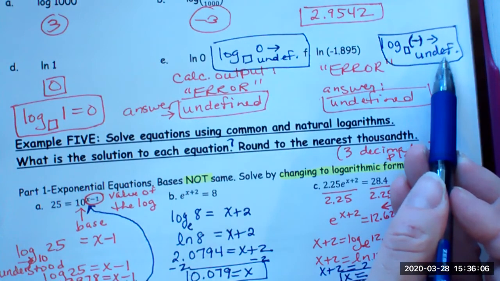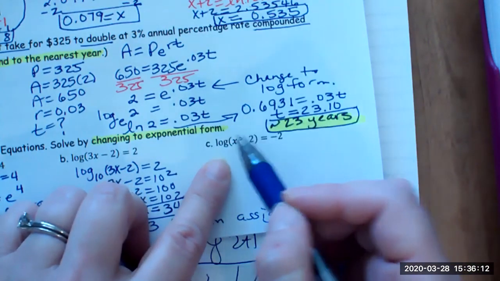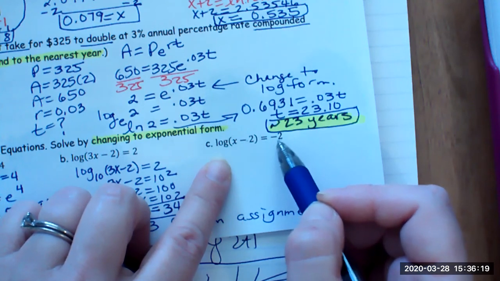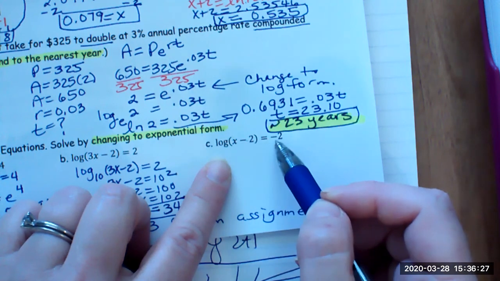Don't confuse that with this last situation here. Here we're saying the log is equal to a negative. What that's saying is that the exponent is negative, and that's okay. You can have a negative exponent. So that negative number is not inside parentheses, and so this is acceptable. It's not undefined.